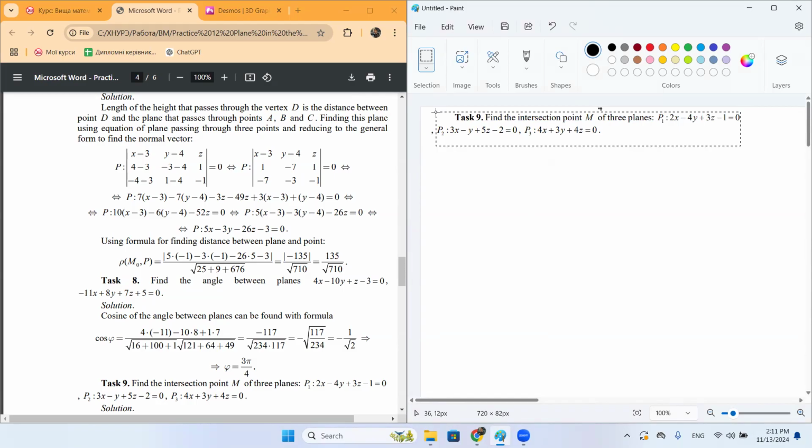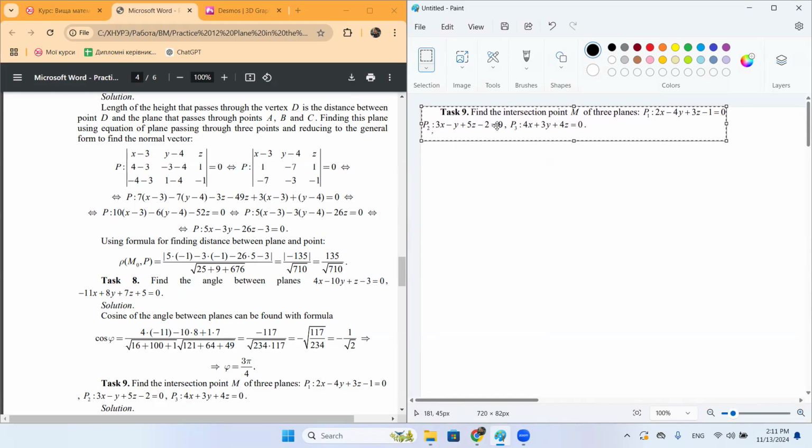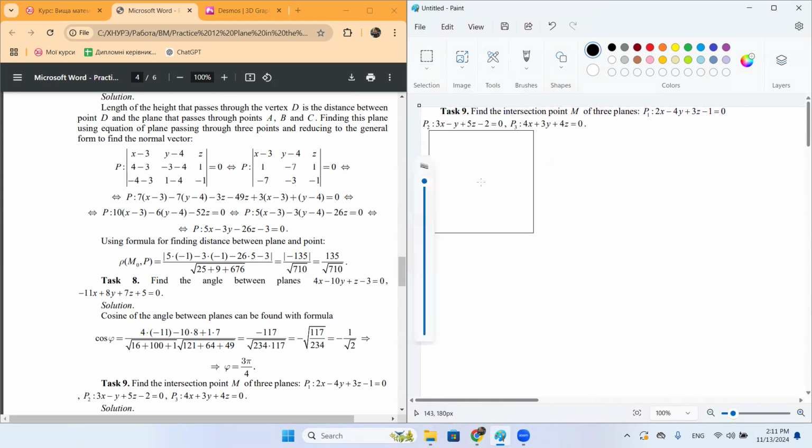And how to solve it? Any ideas? What do we have to do? Bogdan? Well, we could make a system of equations of all those planes and solve it. Correct. Okay, and which method do you suggest?